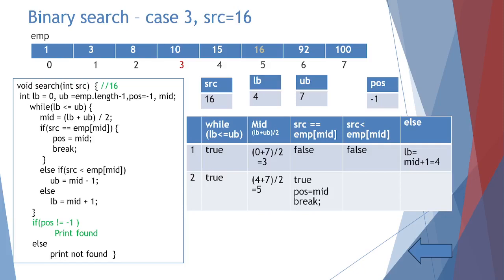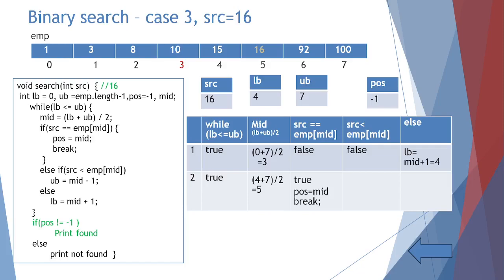Second iteration, LB less than equal to UB or not. 4 less than equivalent to 7, true. In that case, mid is 4 plus 7 divided by 2, that is equal to 5. Fine.